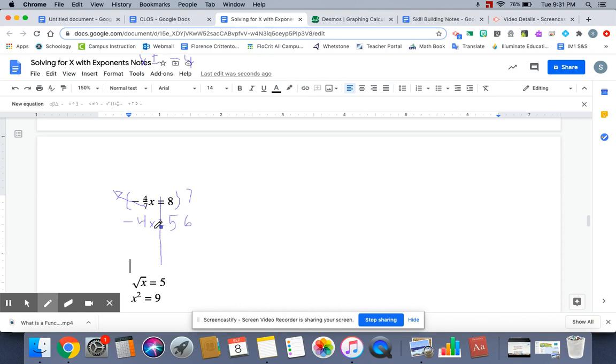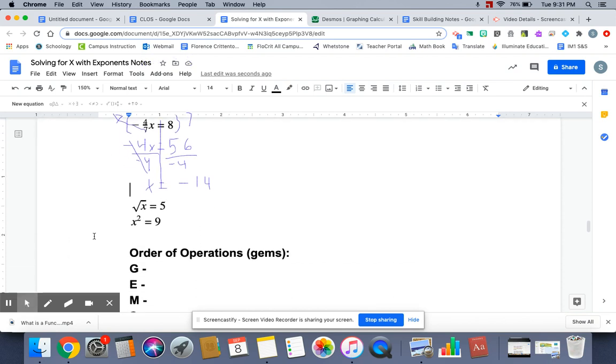Finally, negative 4 is multiplied to x. To undo that, I have to divide it away. Negative 4 divided by negative 4 cancels and becomes 1x, equals 56 divided by negative 4, which is negative 14.